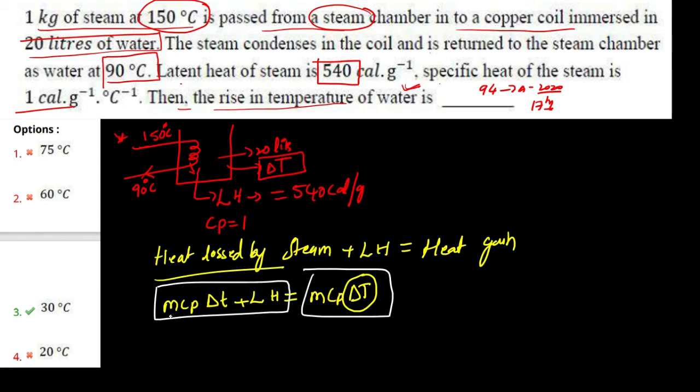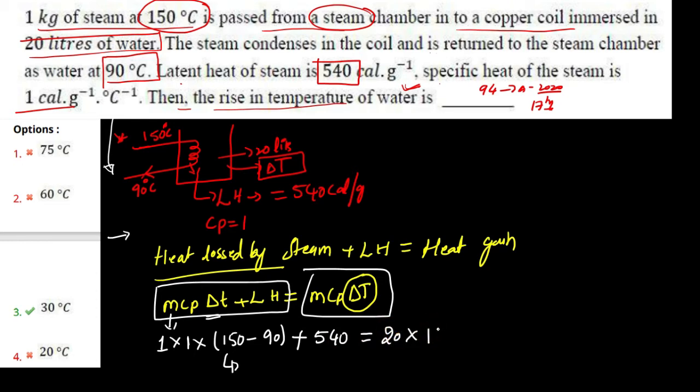Okay. Now m is given, that is 1 kg of steam, times Cp is given, that is also 1, into delta T, which is 150 degrees minus 90 degrees, plus latent heat is given, that is 540, which is equal to mass of water, 20, Cp will be 1, times delta T, which we have to find.